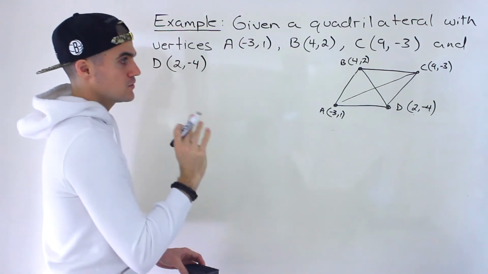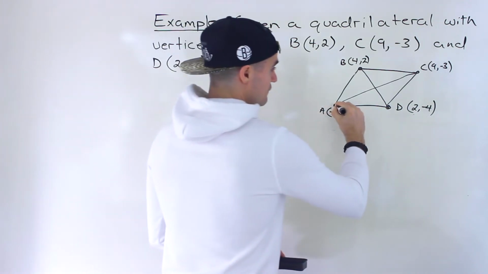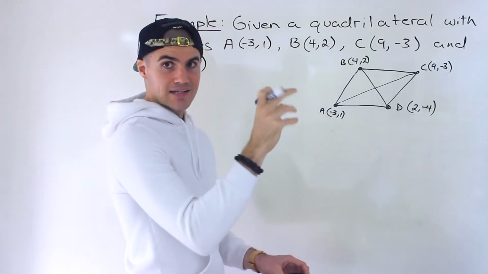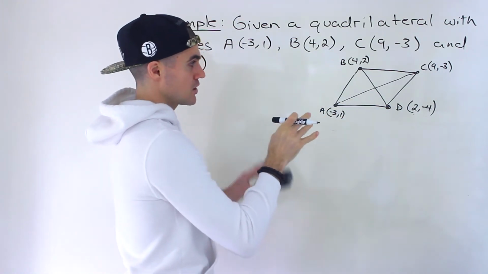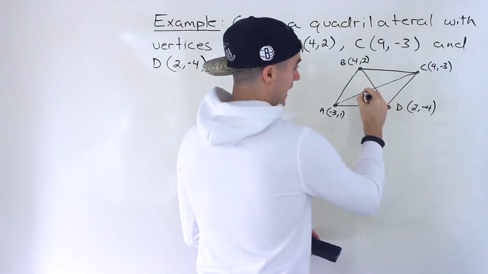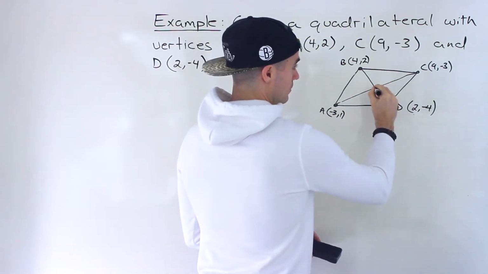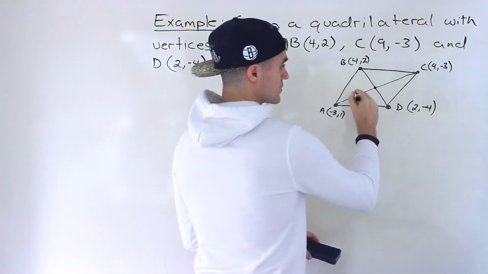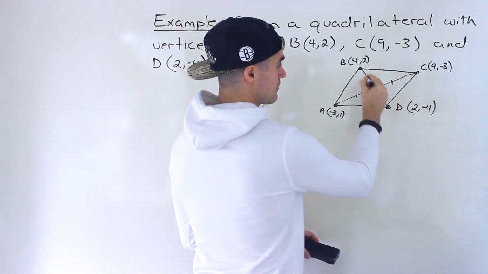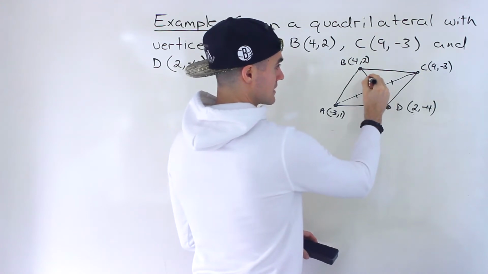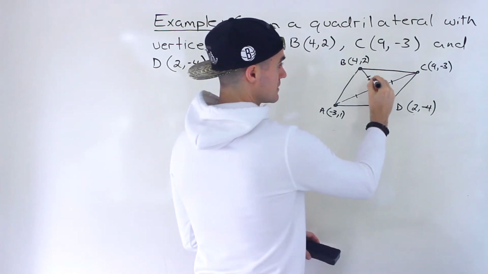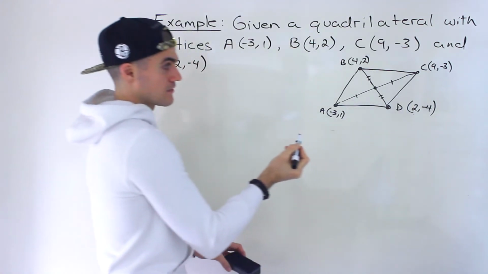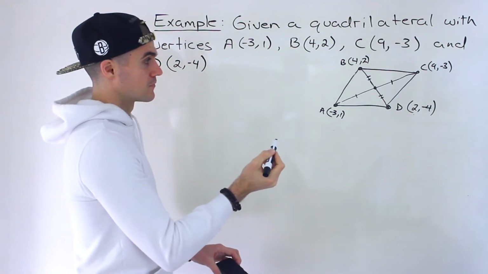And so what we got to do in part B is we have to verify that the diagonals are first going to bisect each other, meaning that for this diagonal, this point here is going to cut this diagonal in half. So this length and this length are going to be the same. And then for this diagonal, this same point is going to cut this diagonal in half, meaning this length and that length are going to be the same.